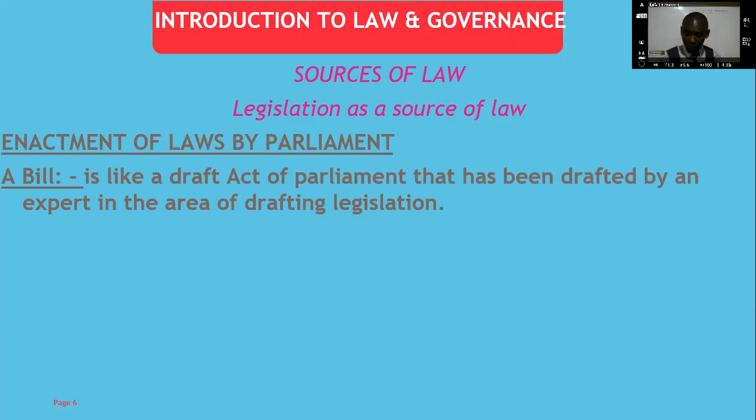They draft these bills and present them to the mover of the motion in Parliament, the person in charge of the bill, for introduction to the House for discussion.